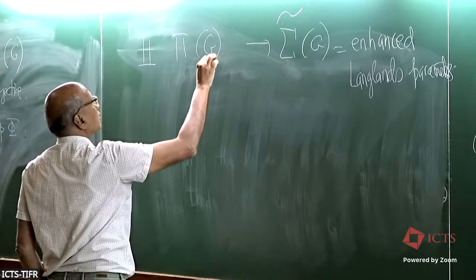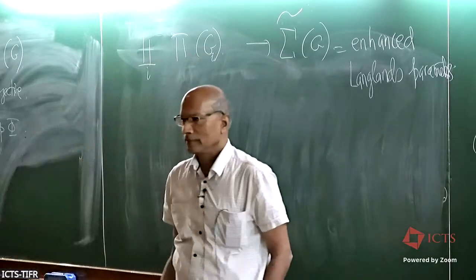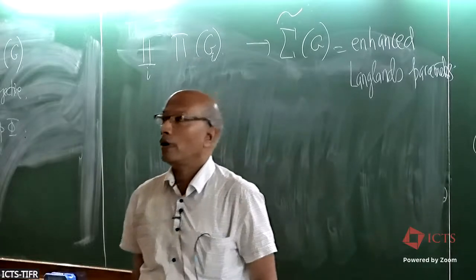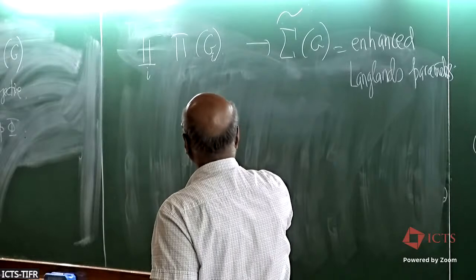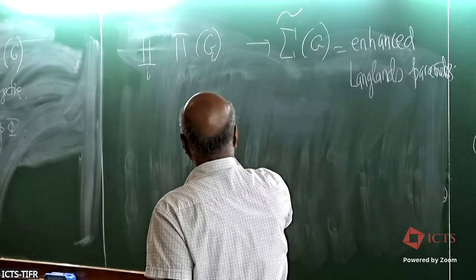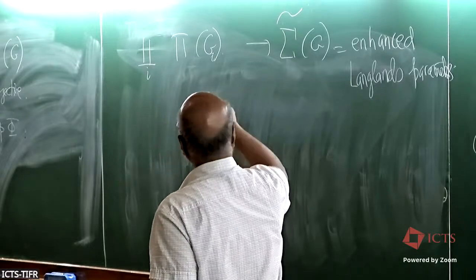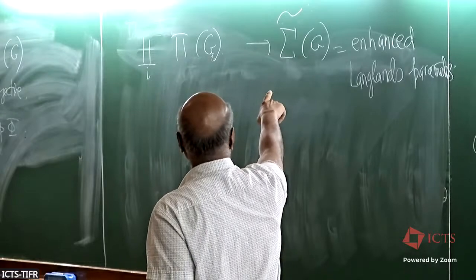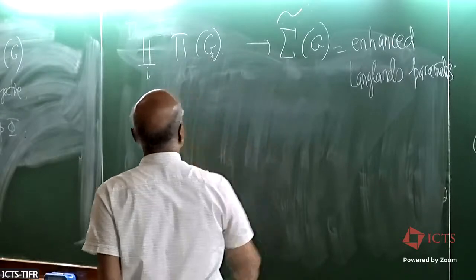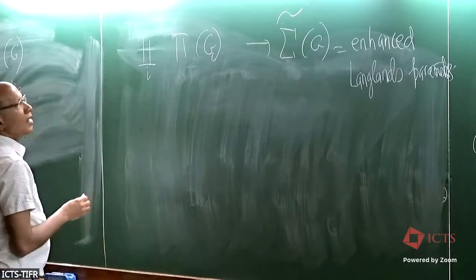So let's call it G_I. So representations of several groups somehow are put together, and their disjoint union somehow corresponds to Sigma tilde(G).